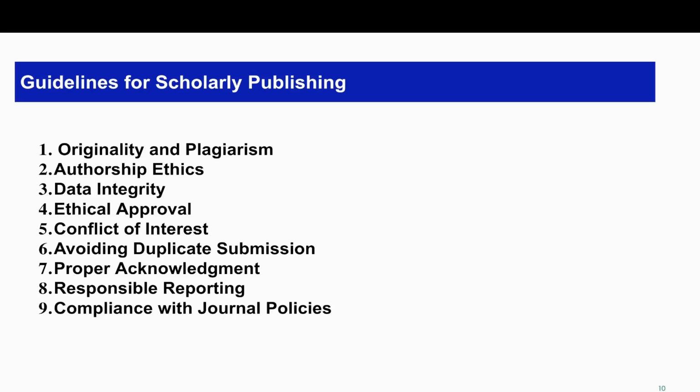Then comes compliance with the journal policies. Please read the aim and scope of the journal very clearly, and follow the journal submission guidelines and formatting requirements, because these are major reasons why a paper gets rejected or desk rejected. We never want a paper to get desk rejected. At least it should go under review, right? Then formatting requirements, ethical standards: we have to check all the required documents.